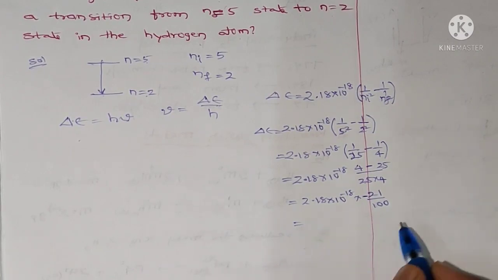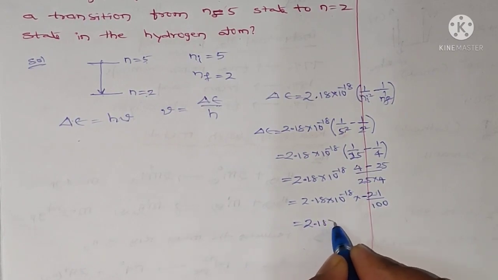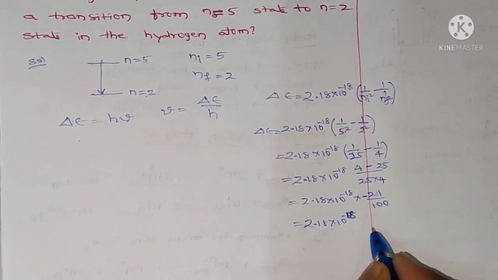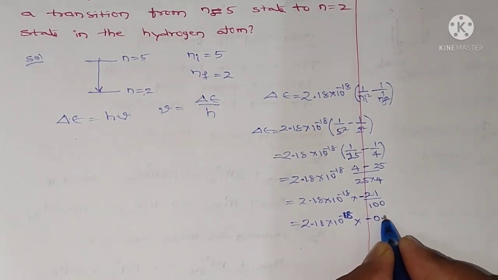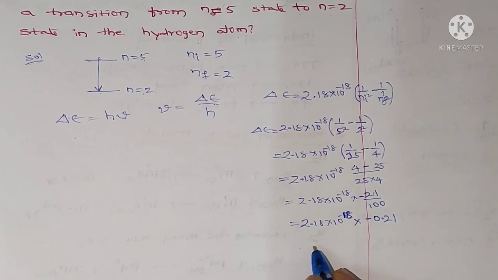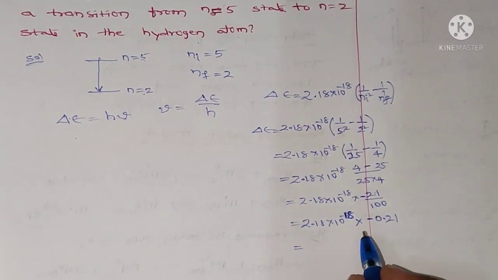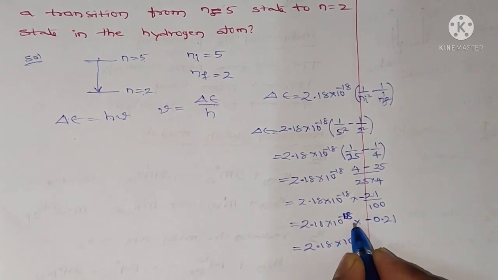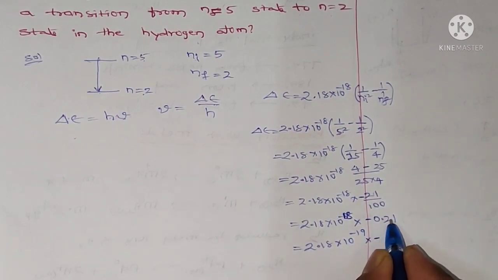Is equal to, if you do this calculation, we will get 2.18 into 10 to the power of minus 18 into minus 0.21. Is equal to, if you do this calculation, here I am taking 2.18 into 10 to the power of minus 19, and here I am taking minus 2.1.